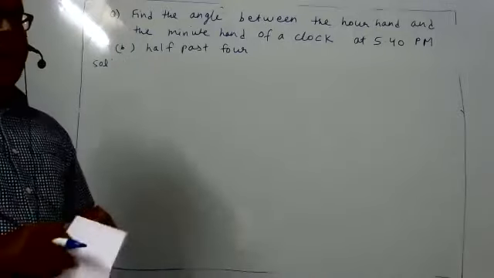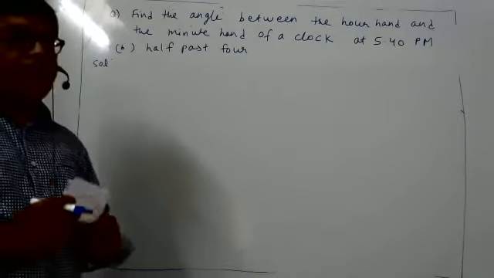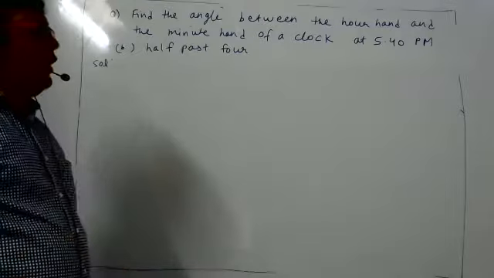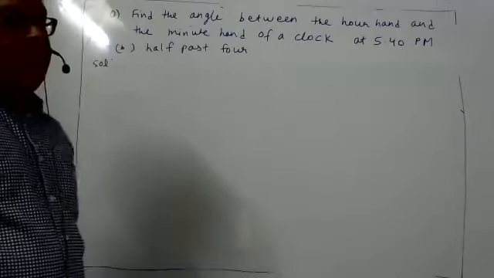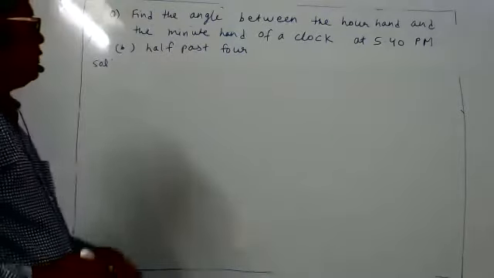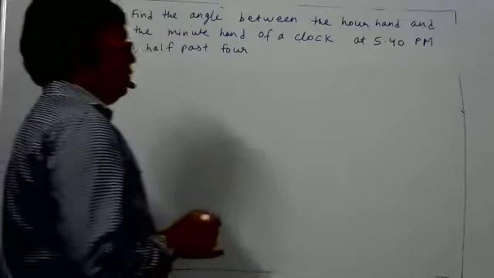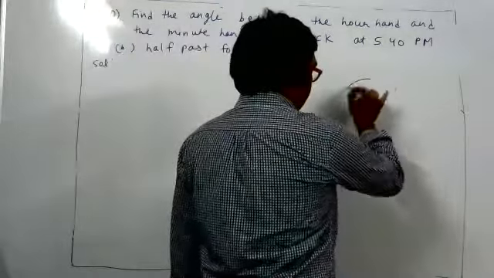When the time is 5:40, what is the angle between minute hand and hour hand? That is the question. It is very simple to understand. 90 degrees? Okay, we'll find. Some working is needed; orally it is a little difficult.